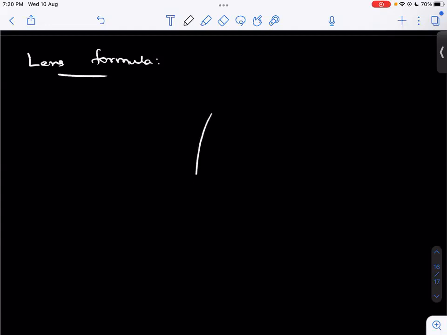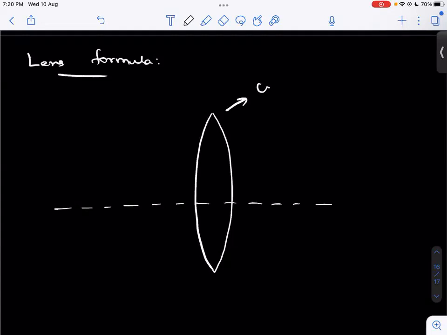So basically, if you take a lens of this form, that is, if you take a convex lens, with respect to the convex lens you have the focus and the center of curvature.